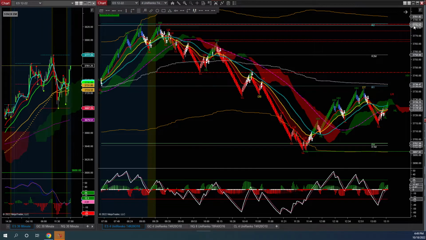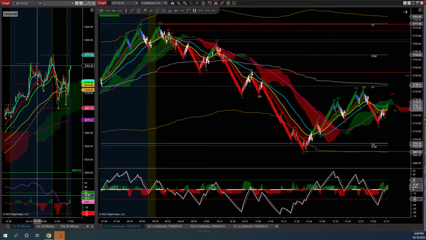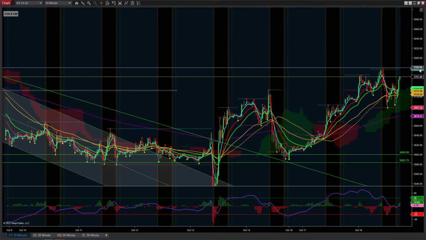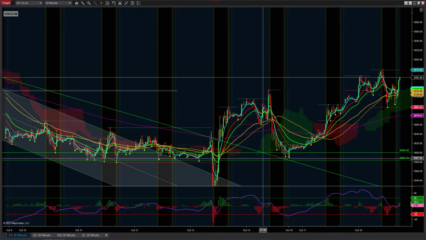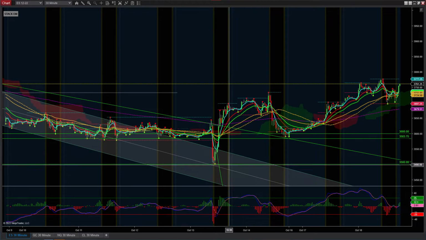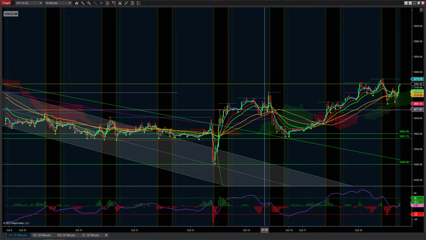Okay, so let's get started with the price action in ES. We have a day that started overnight with a big move to the upside. You see the 30 minute chart here. It was out of this 3500 area, started to bounce, and made a big bounce on October 13.